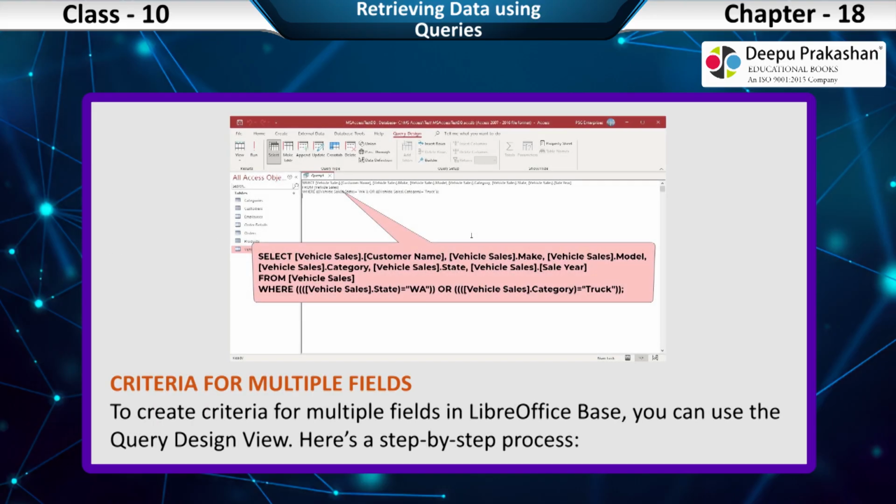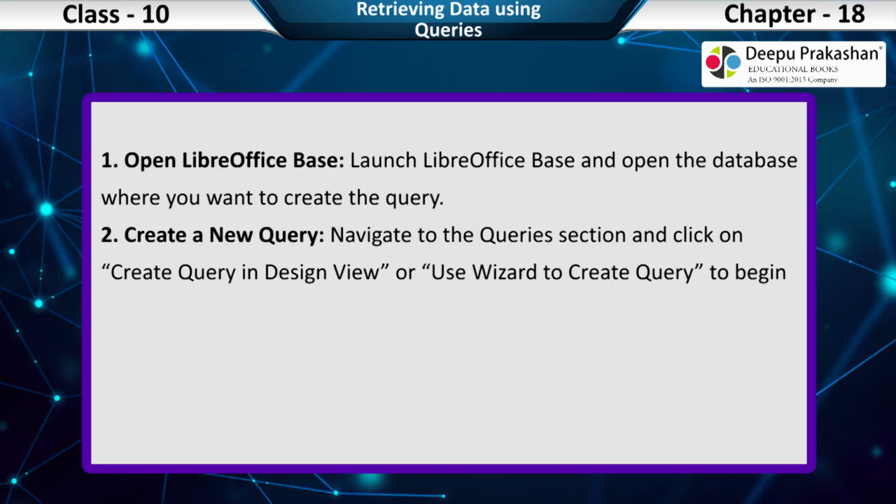Criteria for multiple fields. To create criteria for multiple fields in LibreOffice Base, you can use the Query Design view. Here's a step-by-step process. Open LibreOffice Base. Launch LibreOffice Base and open the database where you want to create the query. Create a new query.